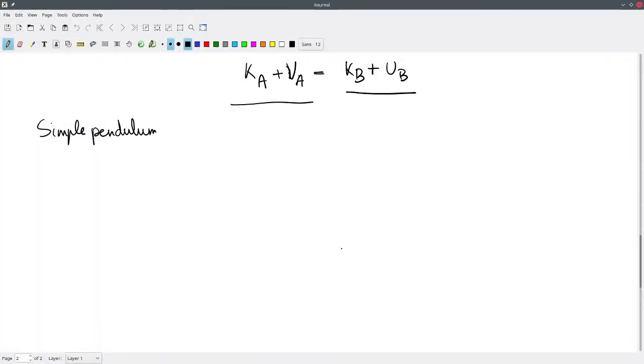So if we go back here, we know that the potential energy is mg times the height. Let me write y.